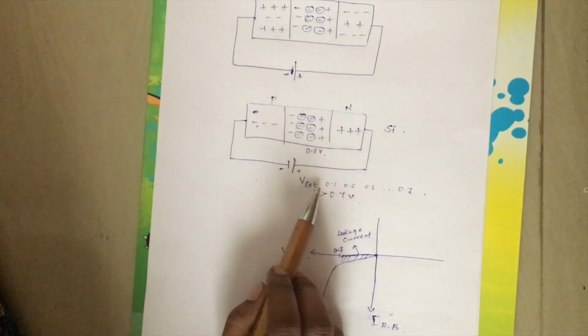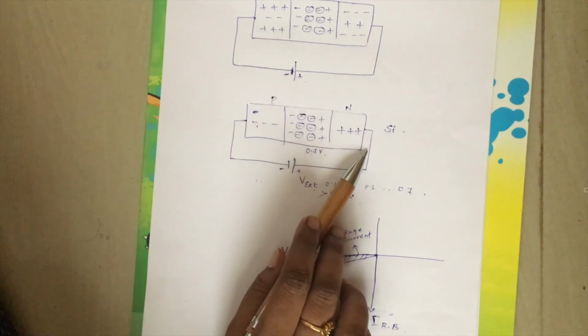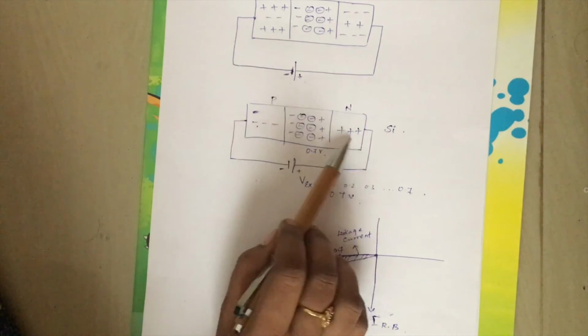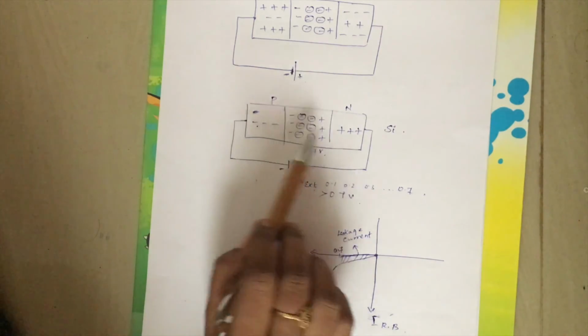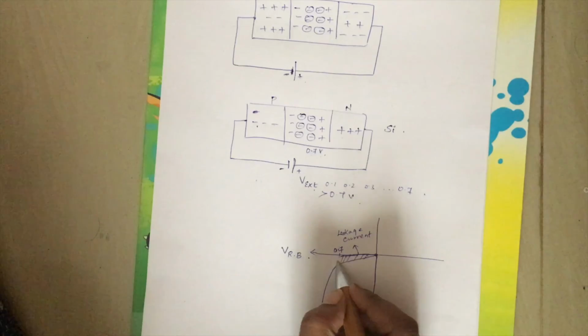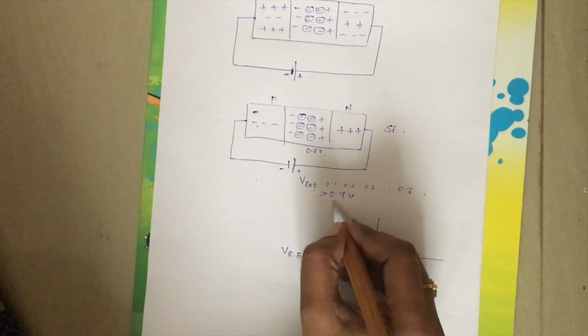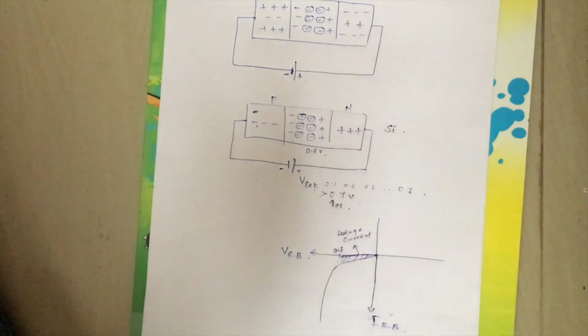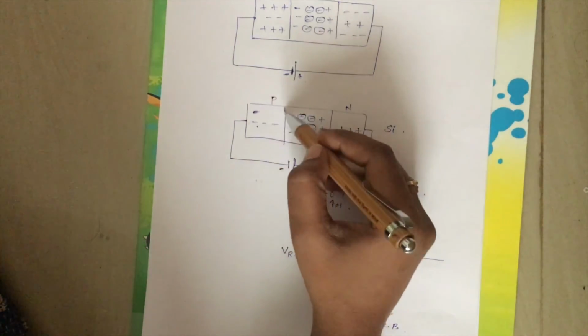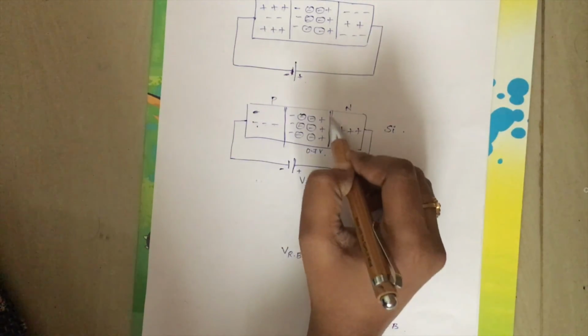I'll explain how. Till 0.7 no current will flow, and once it crosses 0.7 volt, because of the movement of minority charge carriers, a small amount of current will flow, that is called leakage current. And when you increase the voltage still more, greater than 0.7 at a higher level, a large amount of current will flow, which breaks the junction.